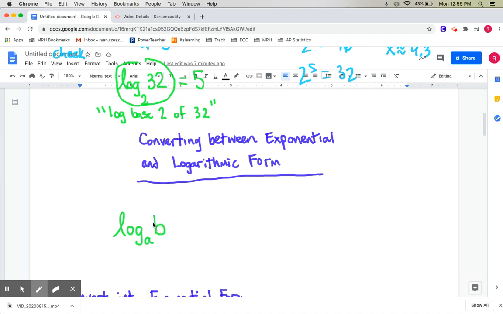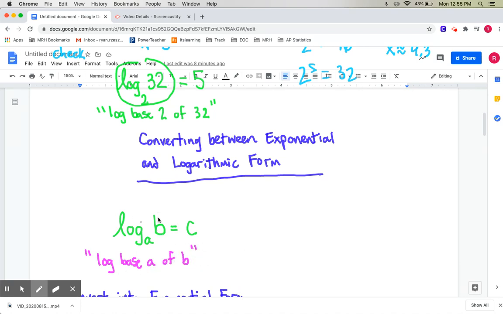Logs also have a number that you're taking the log of, like an inside. So I'm going to put a B for that. And logs also have an answer. So every log is going to have a base, an inside, and an answer. And you would pronounce this, just like I wrote for the last one, log base A of B equals C.